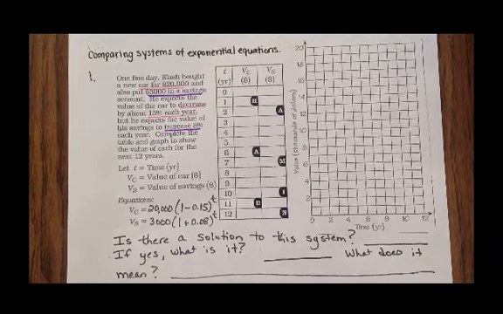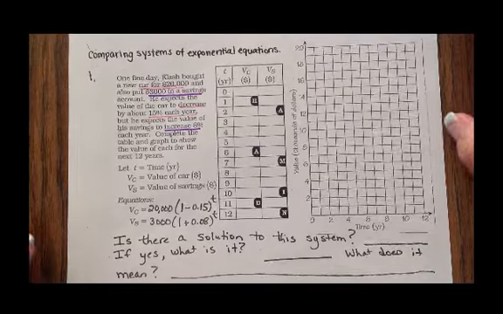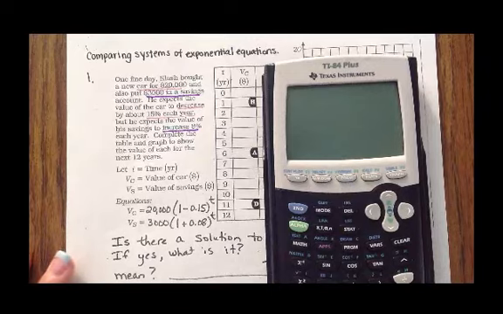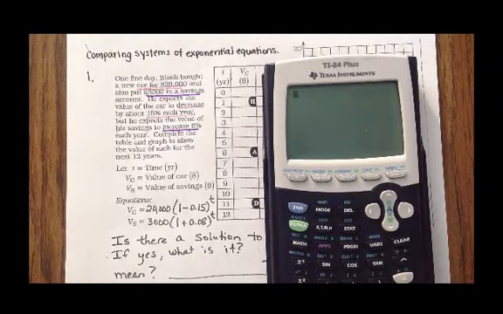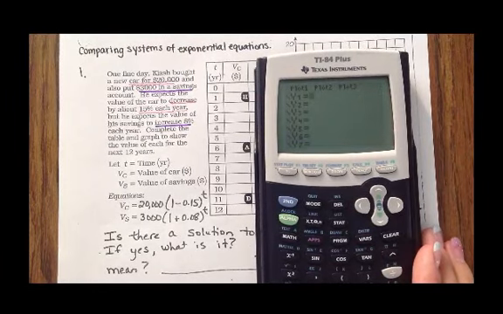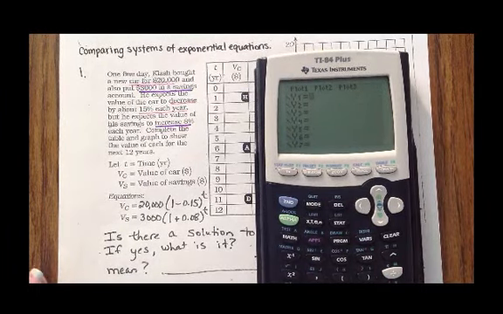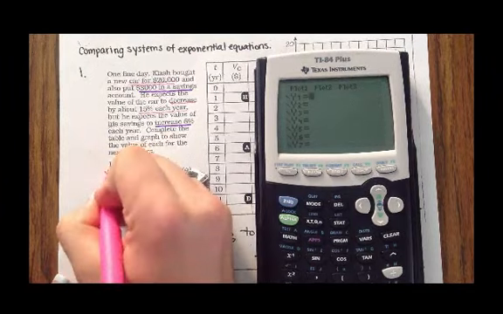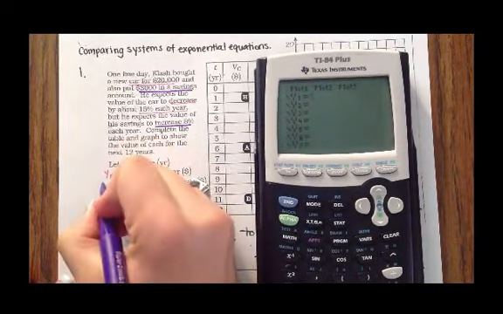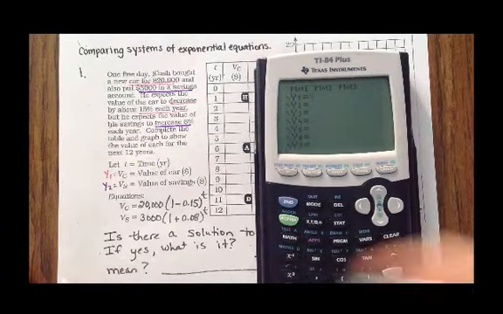So in order to fill out our table, we're going to go to our calculator and type these equations into our y equals screen. First off, we'll turn our calculators on and go to the y equals. Once we're on y equals, we can type in our two equations. In y1, I'm going to type in the value of the car. In y2, I'm going to type in the value of the savings account.